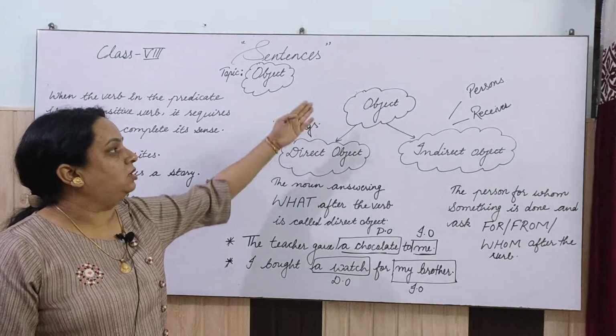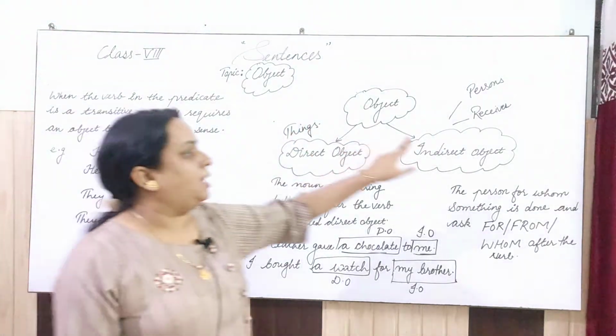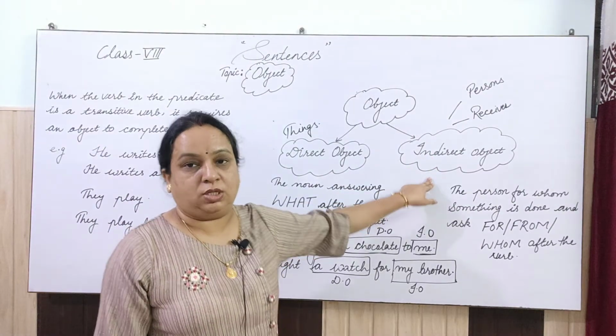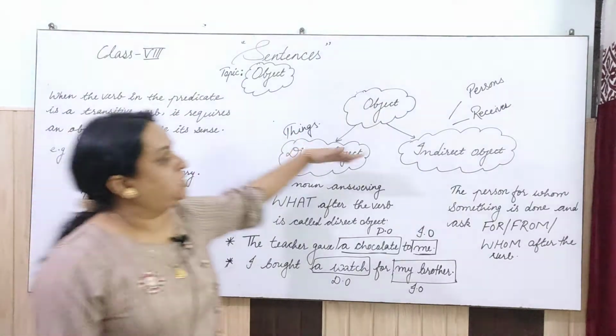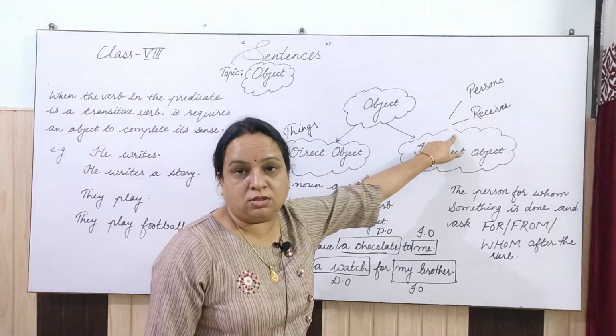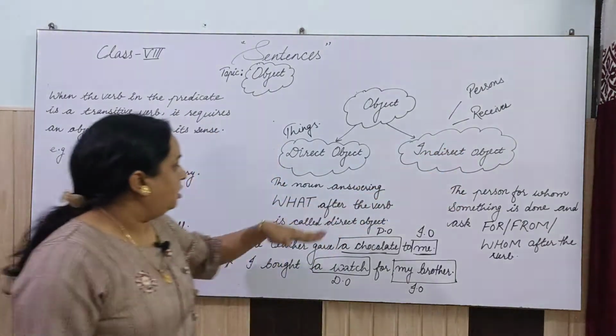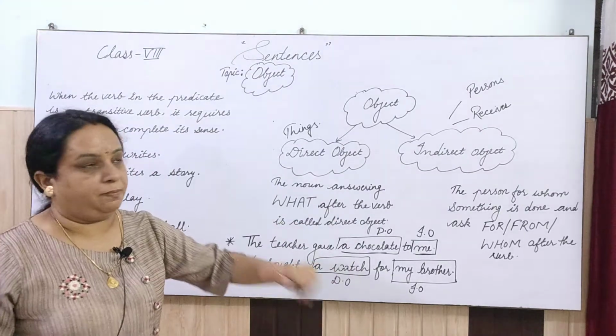Next thing we have learnt, objects are of two types, direct objects and indirect objects. So the direct objects are the things and indirect objects are the persons or receivers, right? And that we have understood with the help of examples.